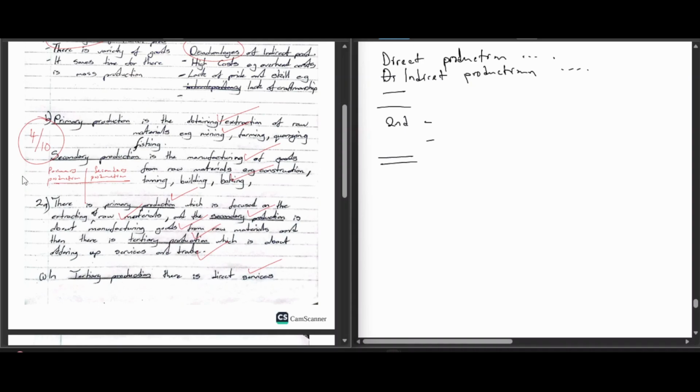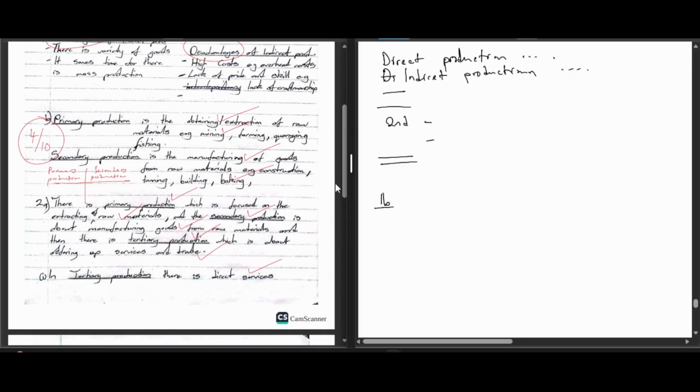The only thing missing is that you did not give us other differences. You did not distinguish further, whether using a table or paragraphs like this, but just make sure your points are 5 or more, because you have to assume 2 marks per point, because each point is touching both sides of the story, both direct and indirect production. So this was your mistake for 1B.